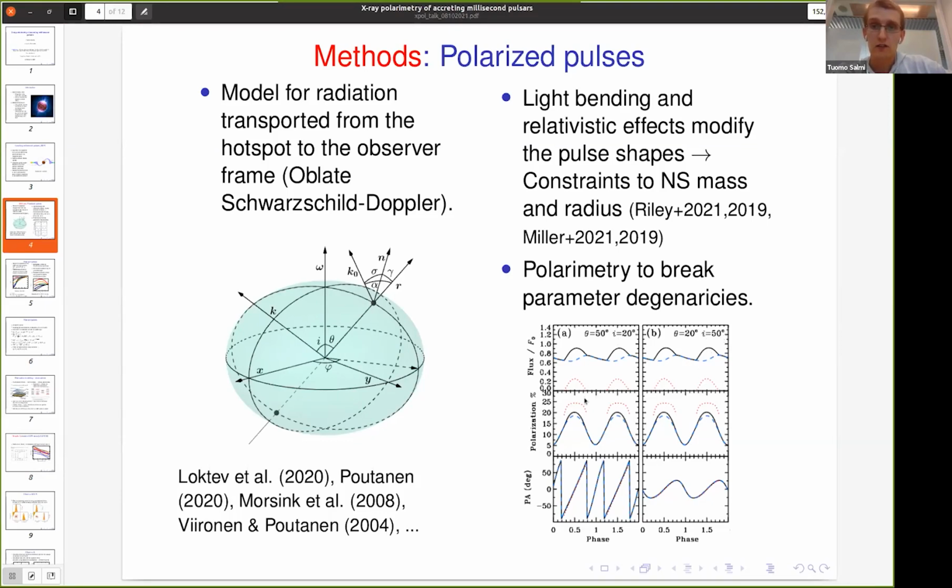Also the polarization degree is very much the same. But if you look at the polarization angle as a function of phase, this is completely different for these two cases, and therefore polarization could be used to separate these two cases and help to measure mass and radius as well.